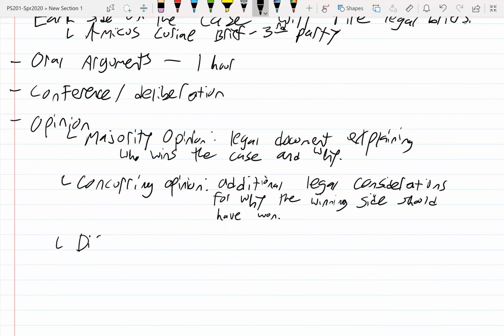A dissenting opinion, if you know what the word dissent means, you can probably guess where we're going with this one. A dissenting opinion is written by the judges who disagree with the majority.